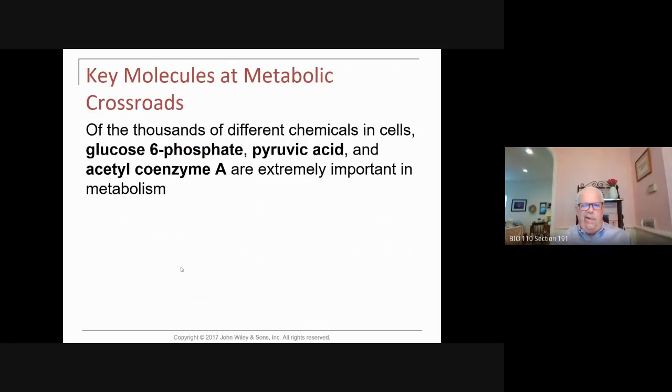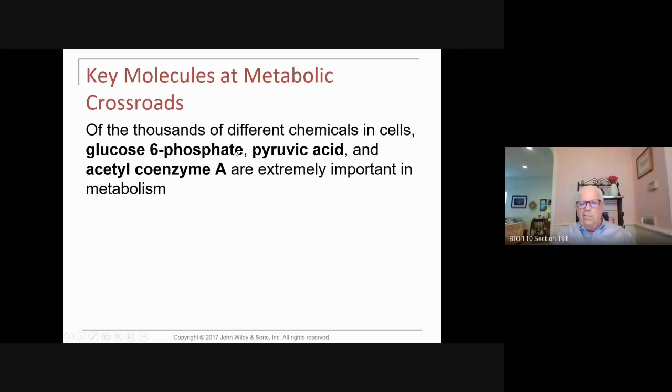But this is very important. What are the key molecules at the metabolic crossroads? There are three chemicals. And these chemicals are G6 phosphate, pyruvic acid, and acetyl-CoA.